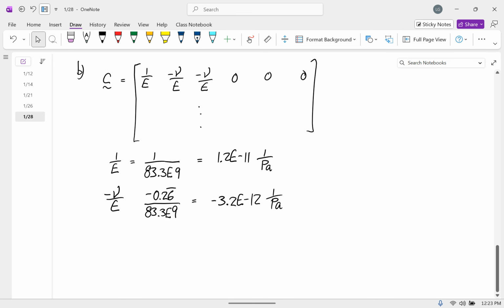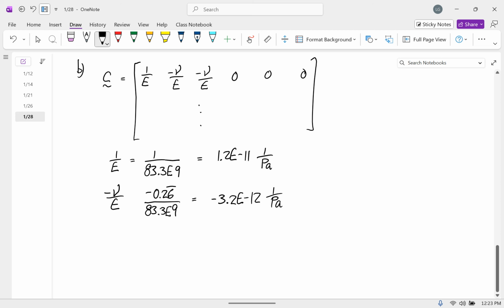And then the only other element value is 2 times 1 plus nu divided by E. And so that is 2 times 1 plus 0.26 repeating divided by 83.3.